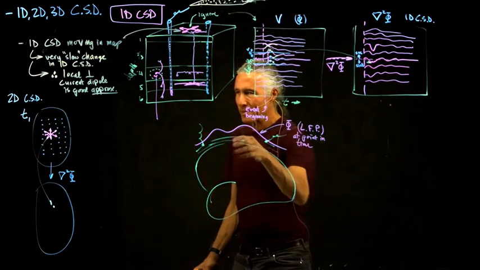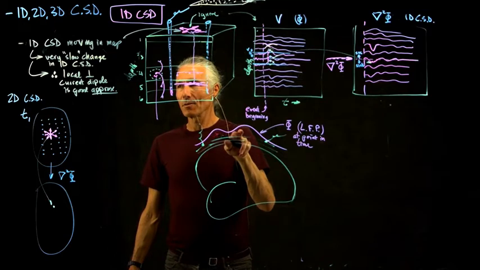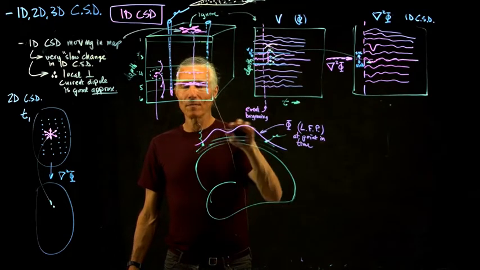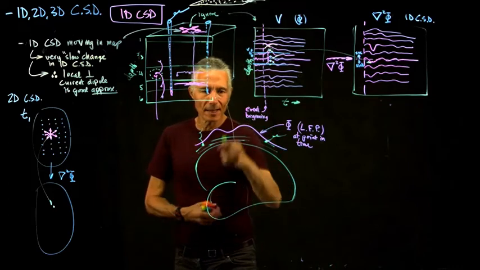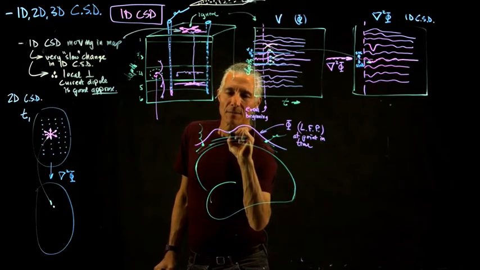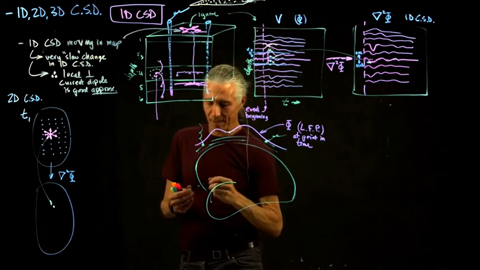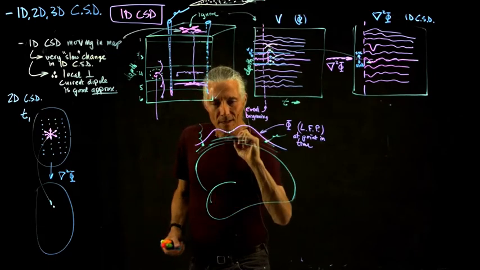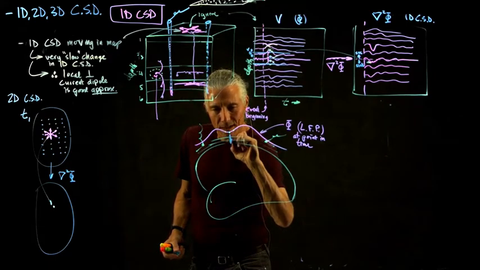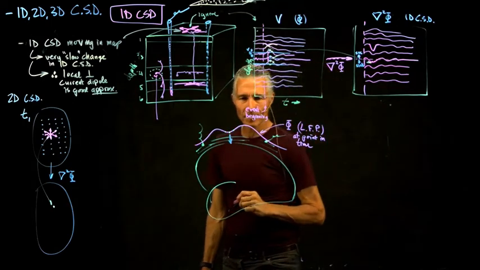That's all positive. So if you just eyeballed the local field potential, you'd just see a peak over here. But at this point, if we compare this guy to his neighbors, he's less than the average of his neighbors. And that means that at this point there's actually a sink. Current is disappearing into the scalp there.